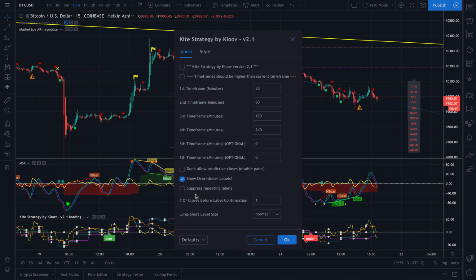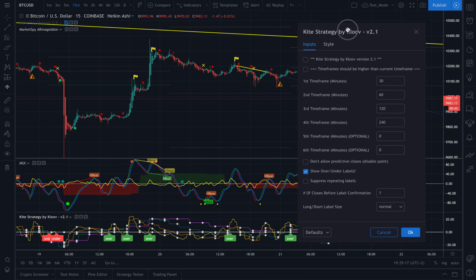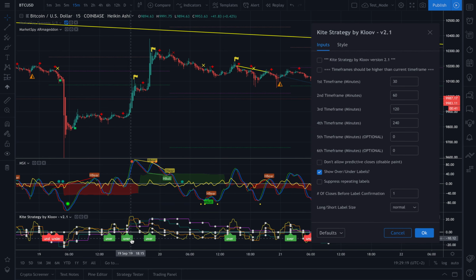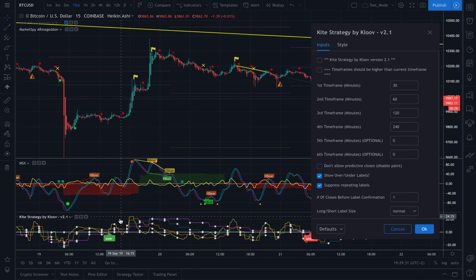You can also repeat labels on the chart, so you get a label all the time when all VWAPs cross over. It's too much. I disabled this function and came to the point that this works out best.